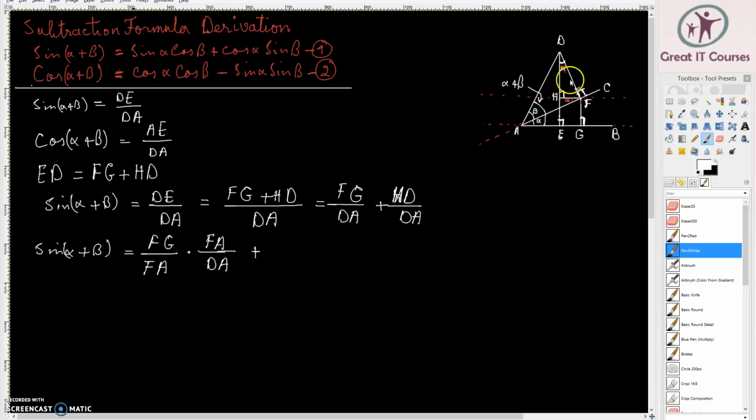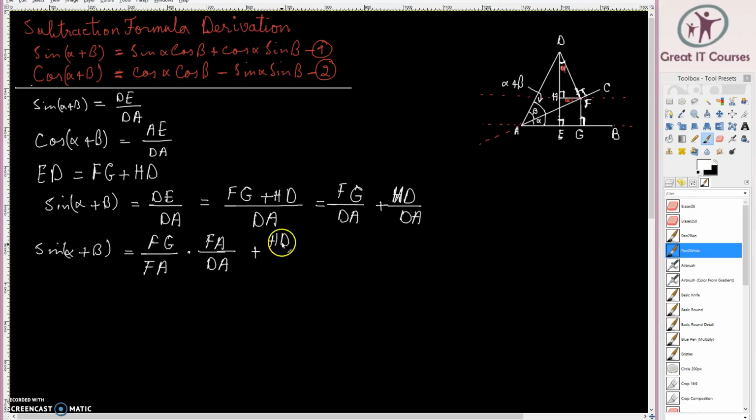Now in this triangle over here, you can see FG, let me see, you have HD, right? So HD is over here. This side of the triangle is adjacent to alpha, and then if you divide it by DF, you would get cos alpha. So let's do the same thing.